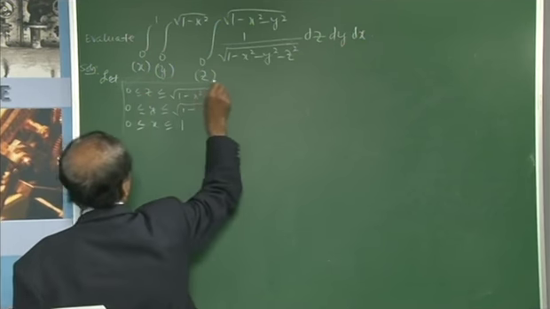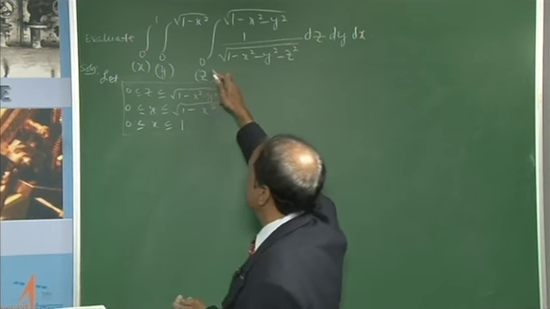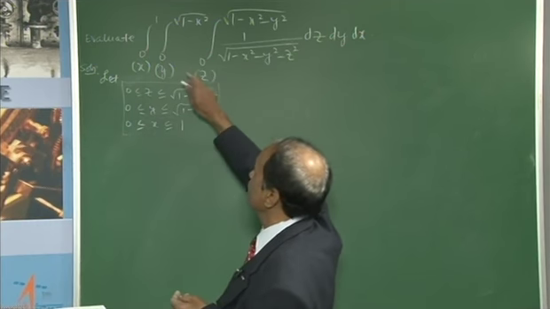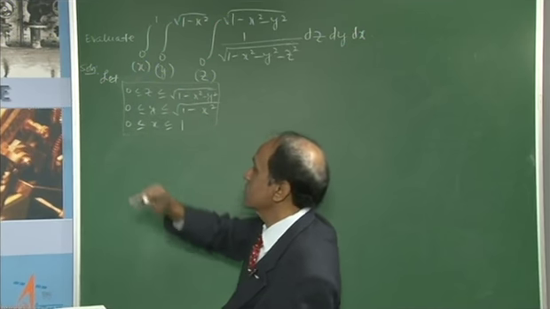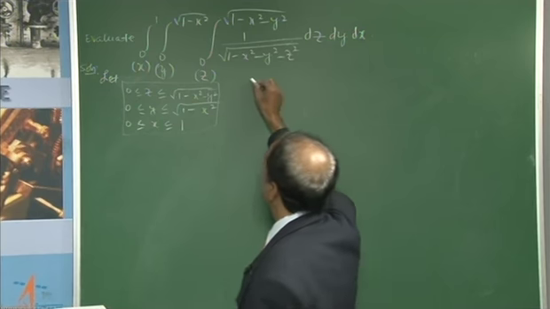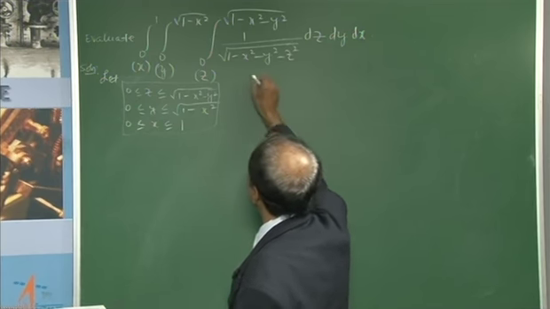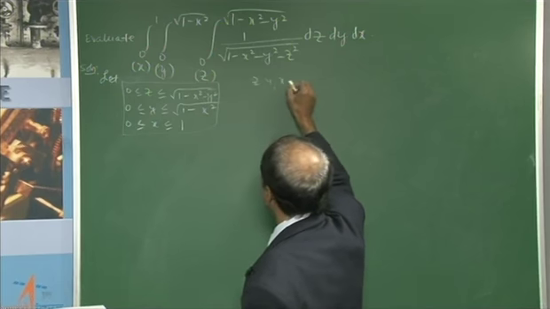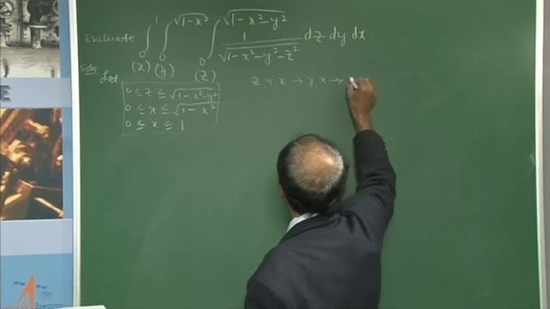So these are the inequalities. That means you cannot integrate with respect to x or y for the innermost, and you cannot integrate with respect to x for the middle integral, so obviously that is reduced to y, and x will be reduced to x.